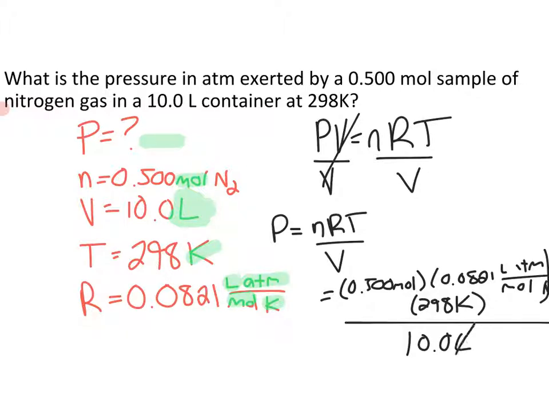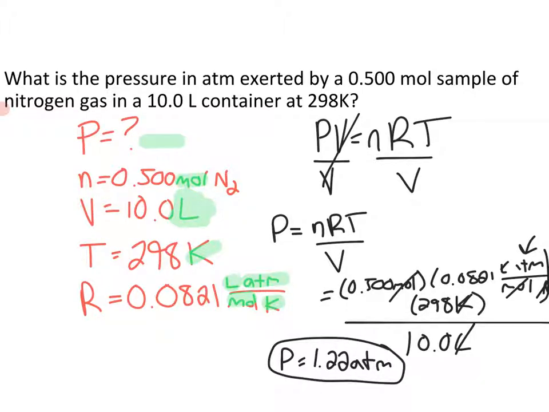So liters would cancel, Kelvins would cancel, moles would cancel. I'm left in atmospheres. So I'm going to put this in my calculator, and it's 0.5 times 0.0821 times 298, all divided by 10. And I get an answer of 1.22 atmospheres.